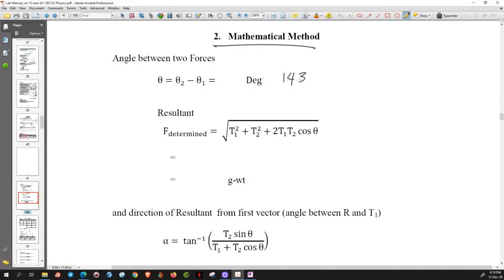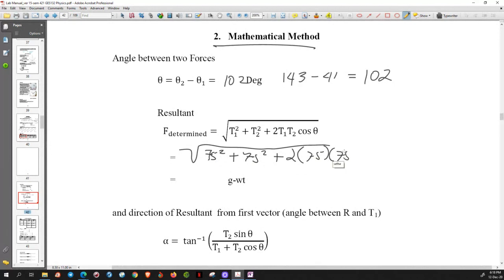So, θ is 143 minus 41, equivalent to what? Anyone? 102. Excellent. So 102 degrees for θ. And then substitute. You get the square root of 75 squared plus 75 squared plus 2 times 75 times 75 times cosine 102.